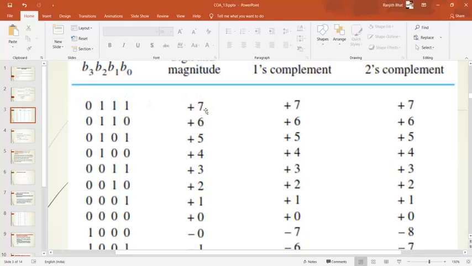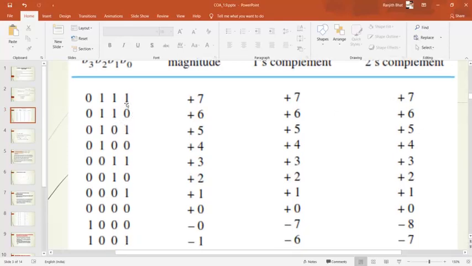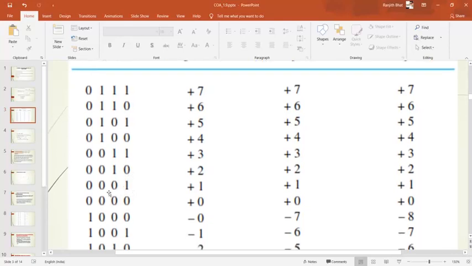The magnitude is plus 7, 1's complement is plus 7 and 2's complement is plus 7. This happens for all the numbers, say 1, 2, 3, 4, 5, 6, 7 and 0, that is 8 numbers from 0 to 7, where the MSB is positive, that is 0. I already told you that if the MSB is 0, it is positive.